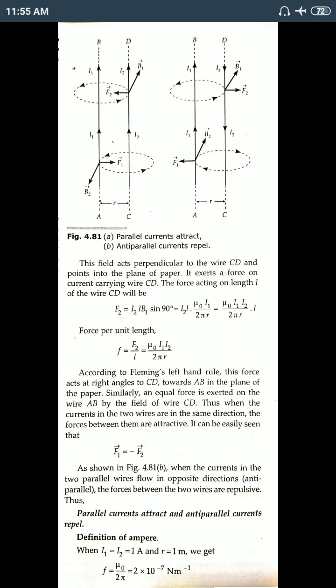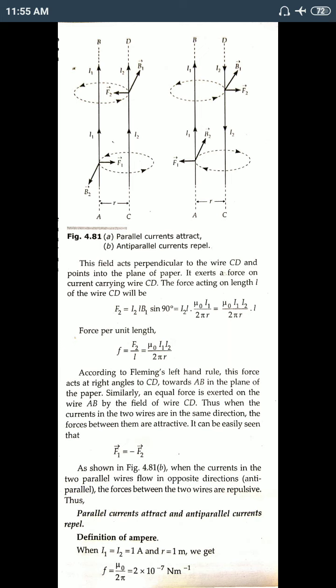Okay, so what do you consider here? Consider two infinitely long parallel wires AB and CD carrying currents I1 and I2, and the distance between these two wires is R. Due to current I1, on the wire CD at any point, the magnetic field is B1 equals mu 0 I1 by 2 pi R, and this field is perpendicular to the wire CD.